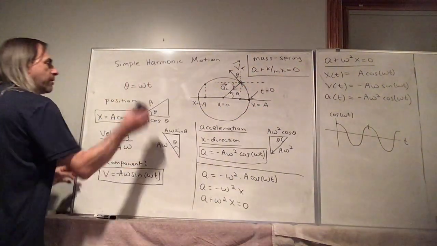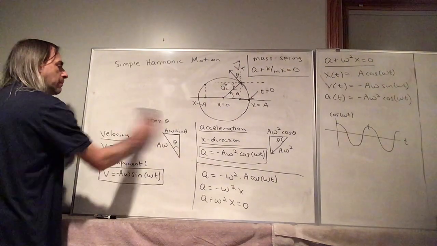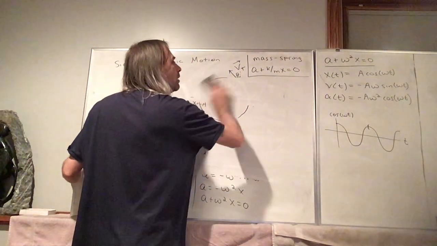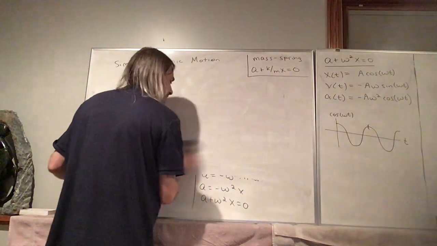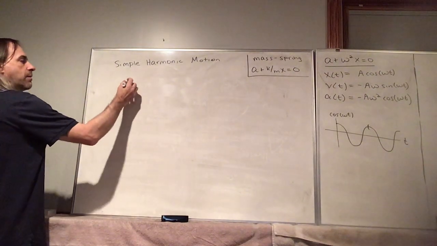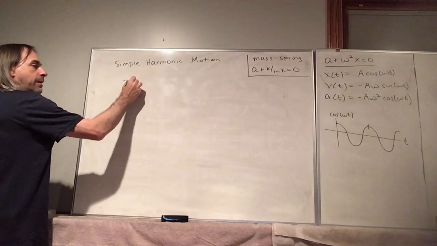So now if we go back to the mass on the spring, let's start from the beginning. We won't redo what we have, but now we come up with this from Newton's second law applied to this problem.